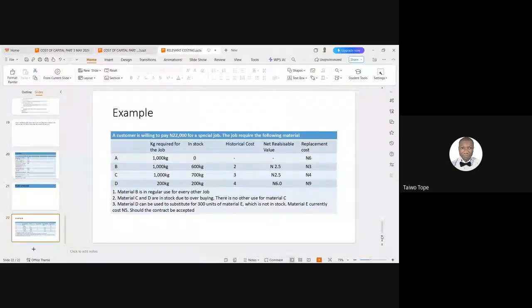For material A, the job required 1,000 kg. We don't have the historical cost, we don't have net realizable value, but we have replacement cost.